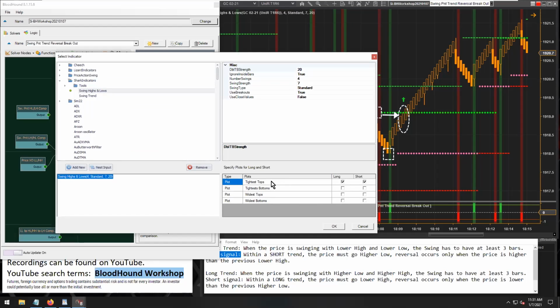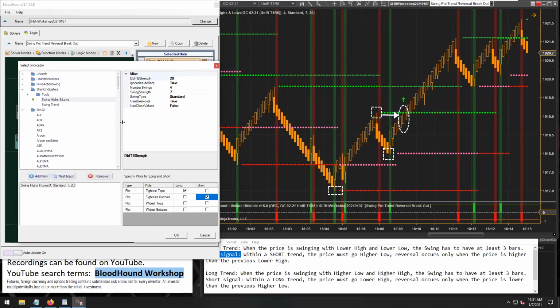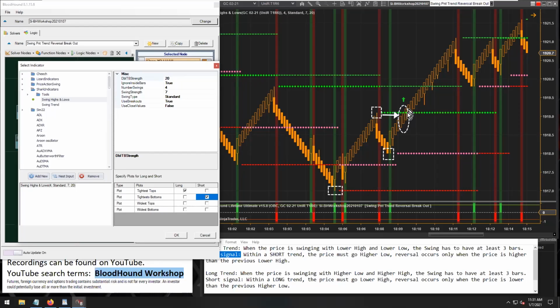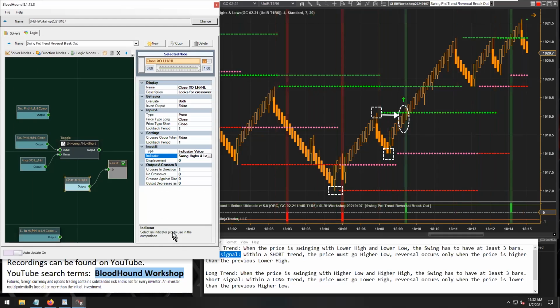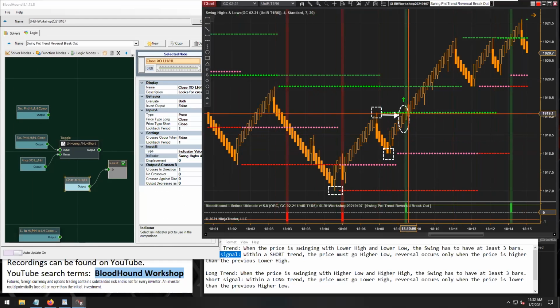We want the tightest tops for long signals and the bottoms for short signals, right? If we look at this, price is crossing the tightest top line there, and the tightest top is where we want a long signal. And there we go. There's our crossover signal, right?